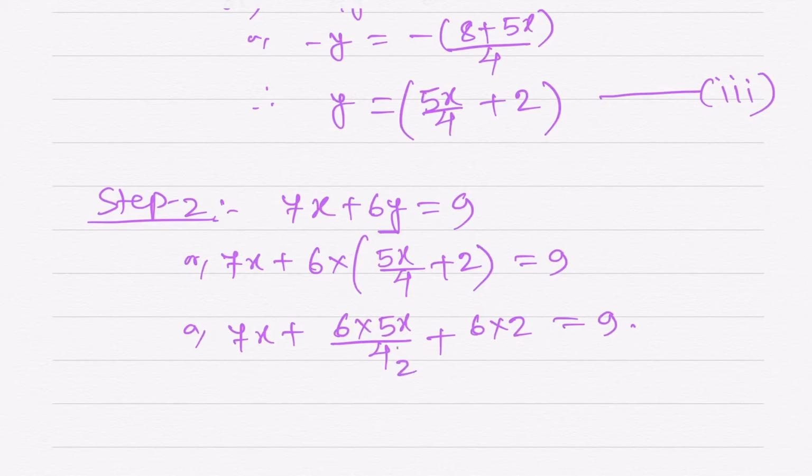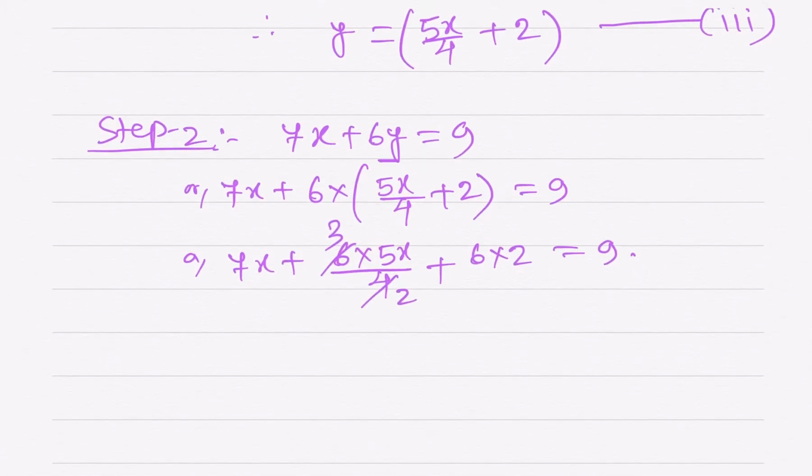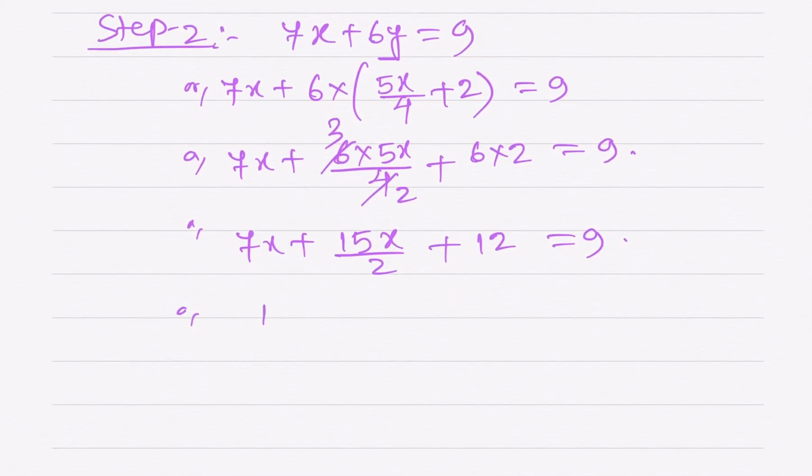So here 2, here 3. Now 7x plus 3 into 5, which is 15x by 2, plus 6 into 2, which is 12, equals 9.